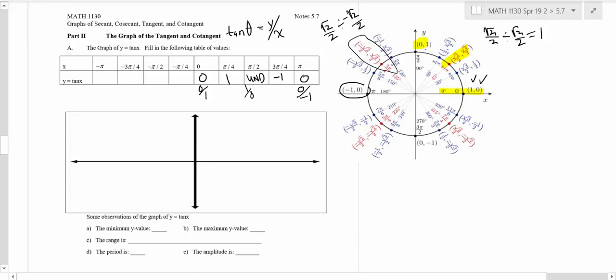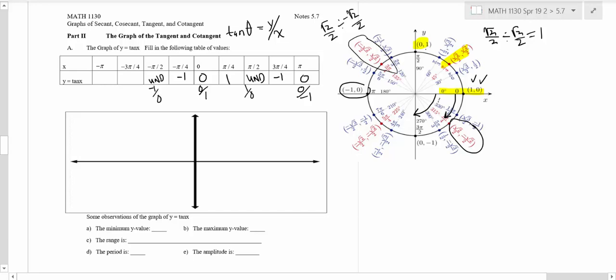Again, what I'm doing is going around the unit circle and just crunching out y over x. That's how you use the unit circle to find the tangent. So you're going to have some predictable points, and then you can do the rest. -45 would take you to this point, so y over x is back to -1. If you go to negative pi over 2, that would be clockwise, so that would be -1 over 0, so you're back to undefined.